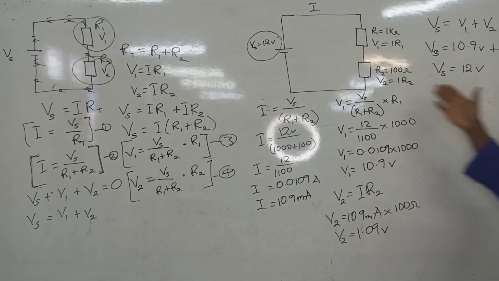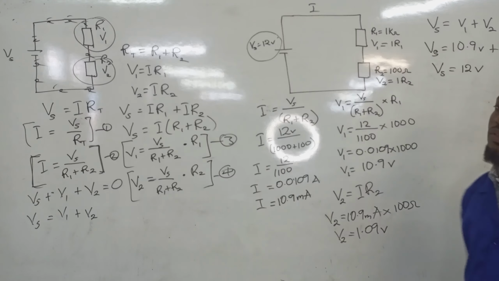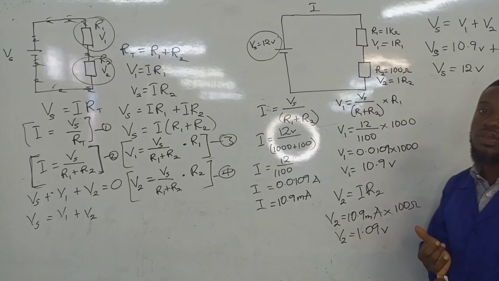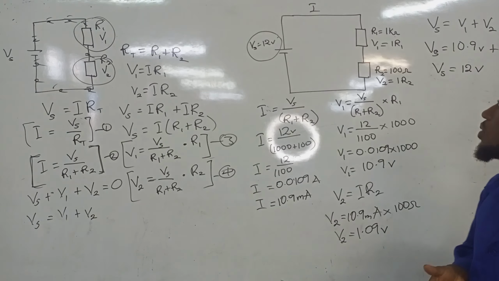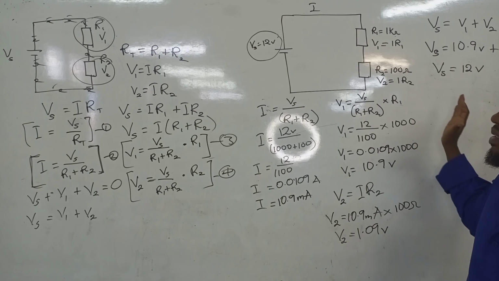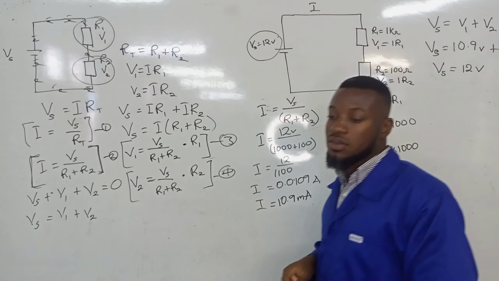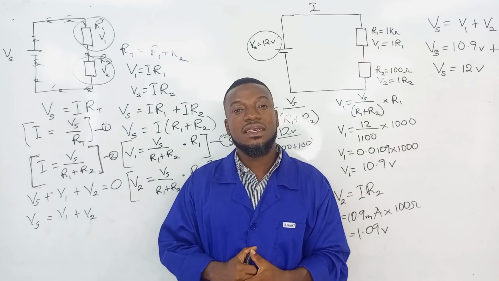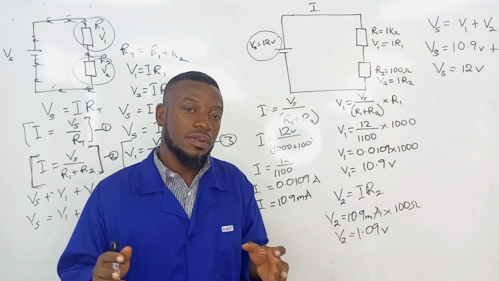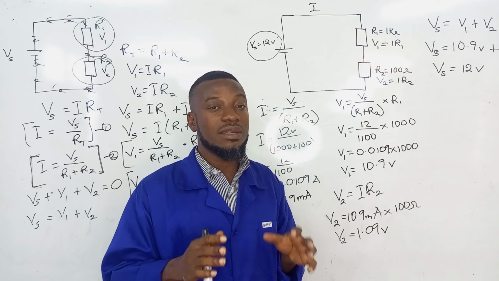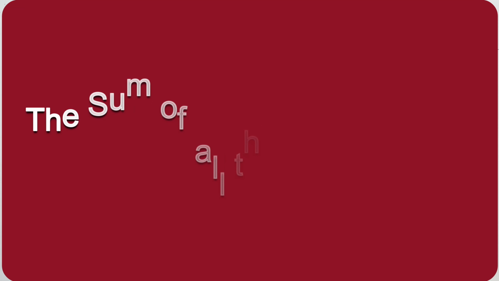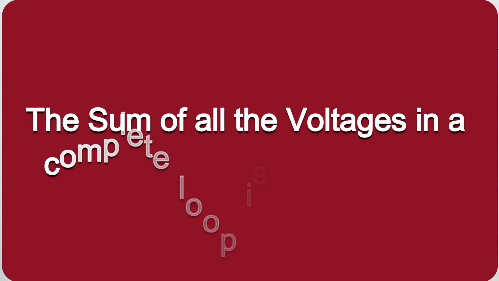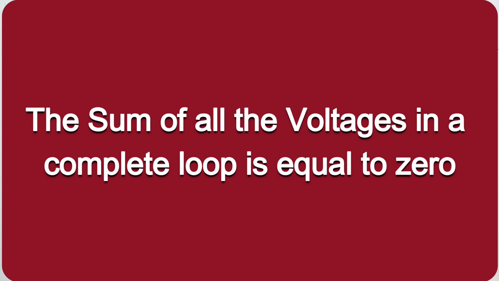Right, and it's the same here. Vs equal to 12 volts, which verifies both Ohm's law and Kirchhoff's law. So we are done with the Kirchhoff voltage law, which states that the summation of all the voltages in a circuit is equal to zero.